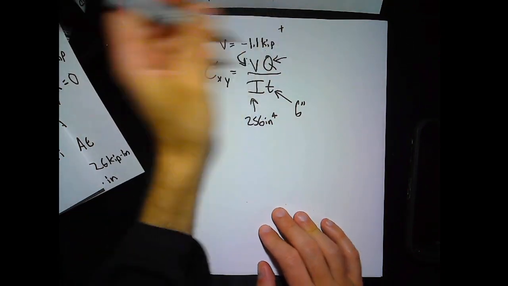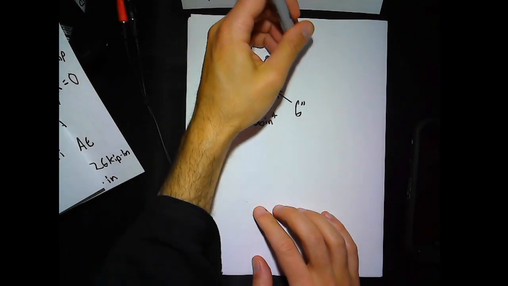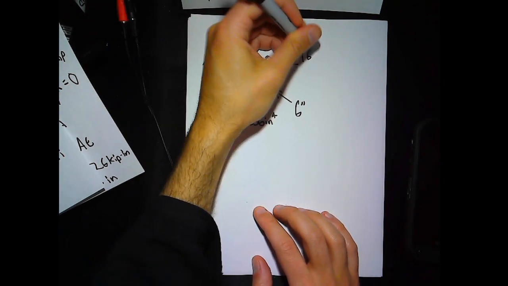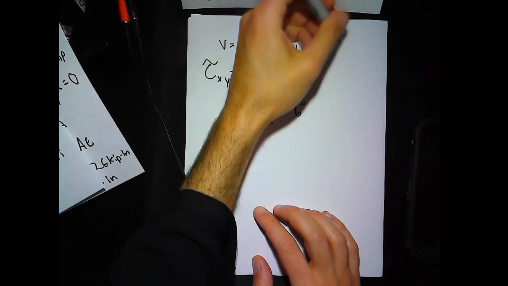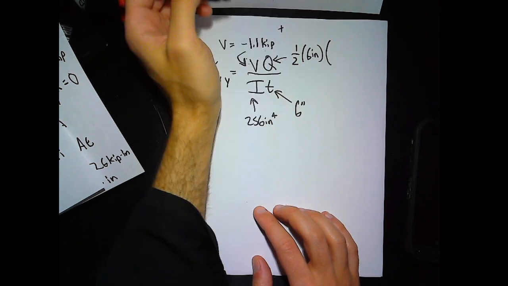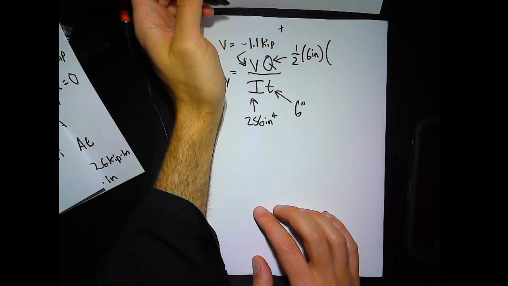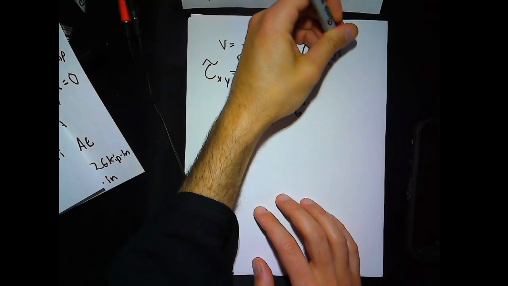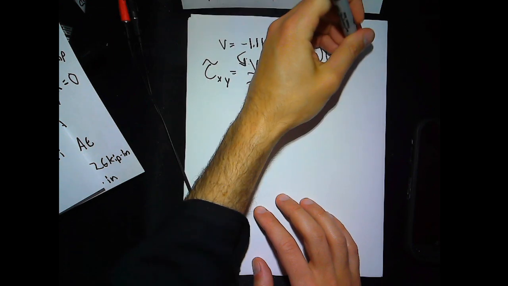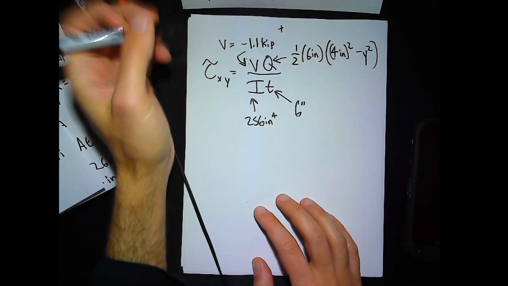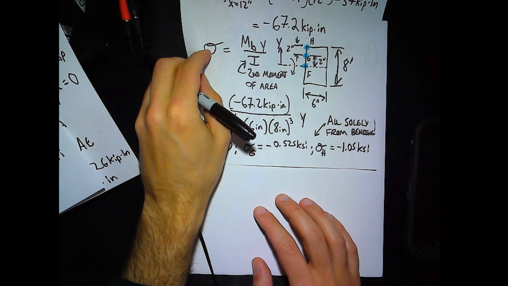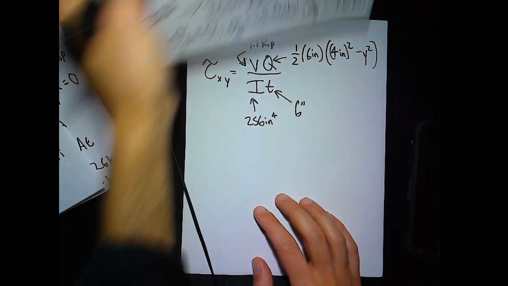So Q, for a rectangular cross section, we said was 1/2 the width of the cross section. In this case, it's 6 inches wide. And then that multiplied by the half height of the cross section squared minus y squared. So the total cross section is 8 inches tall, so half that's 4 inches squared, and then we pick a point to find stress at.